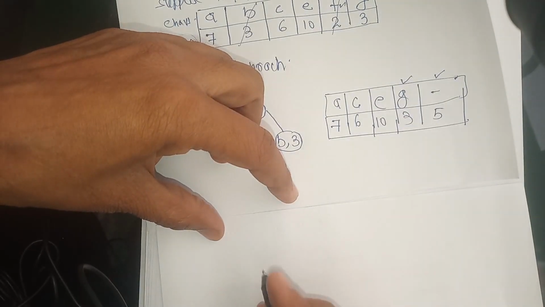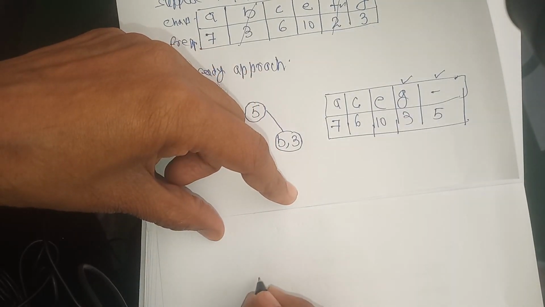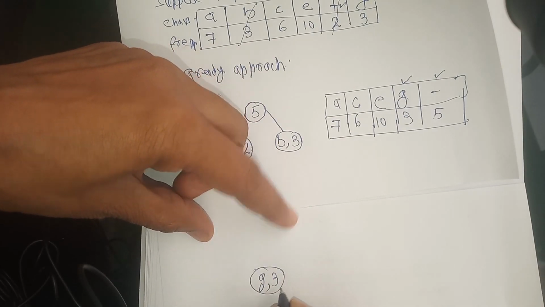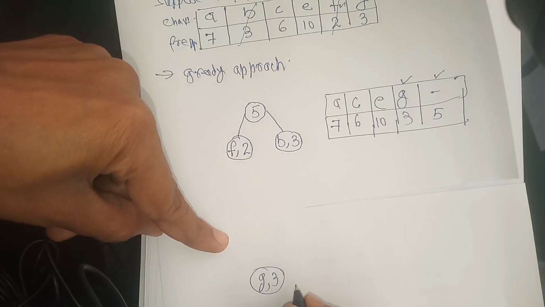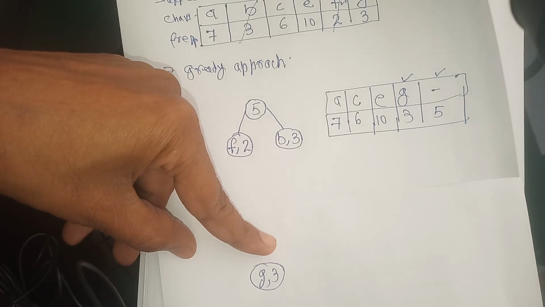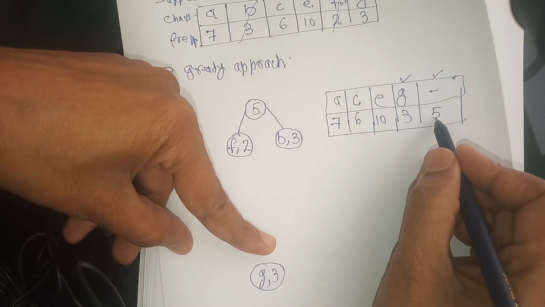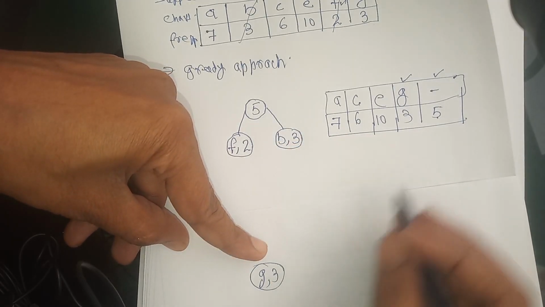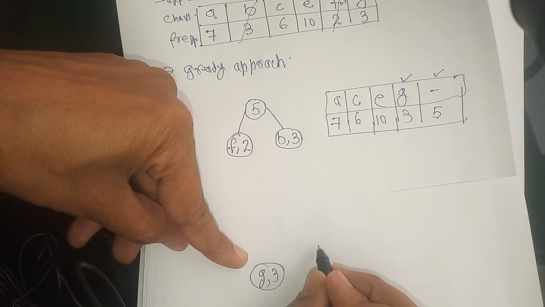We will keep G in the left subtree. G3 is one node, and corresponding to the frequency 5 we have a tree. So in place of this we will make this tree.